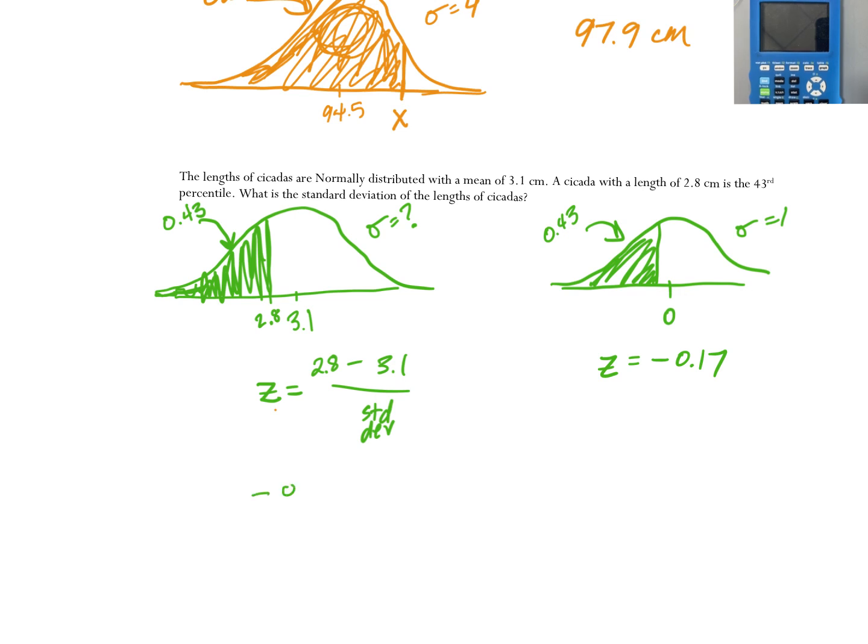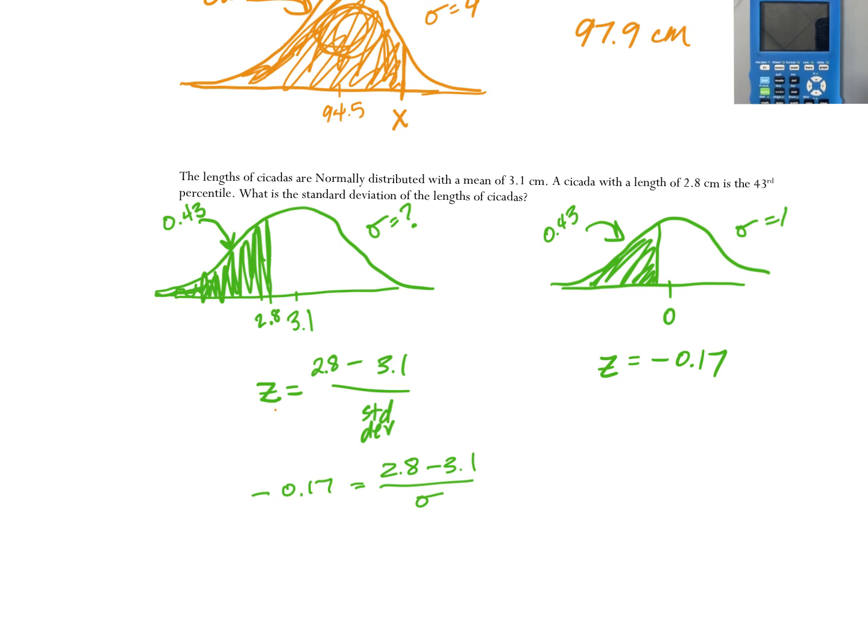Then I could say, well, what is that standard deviation for this to be true? I don't know the answer.